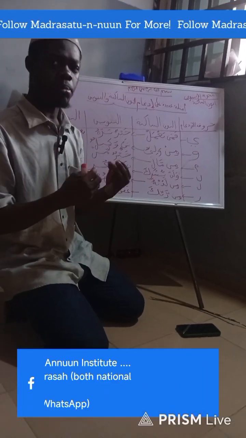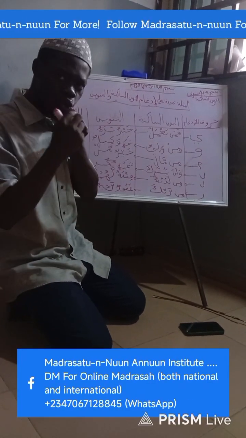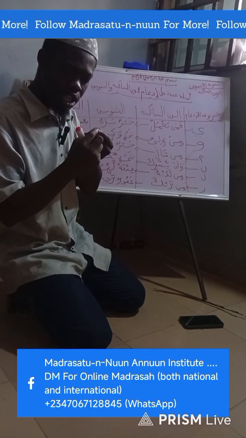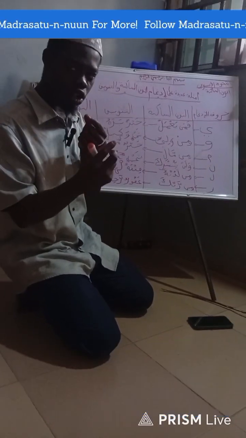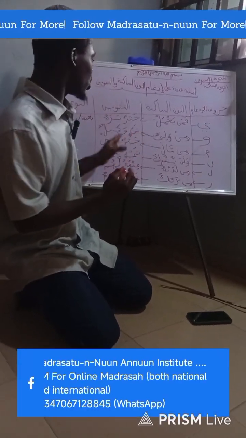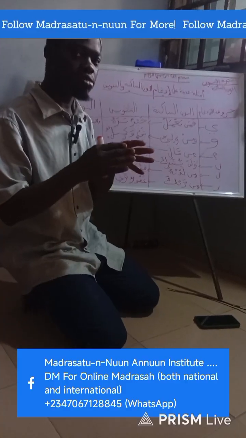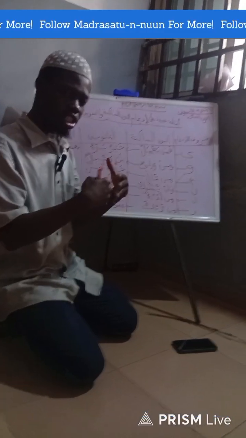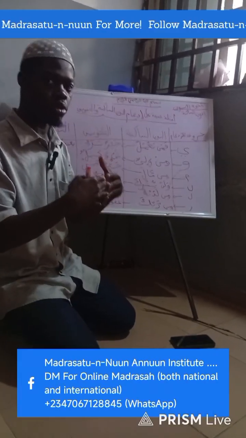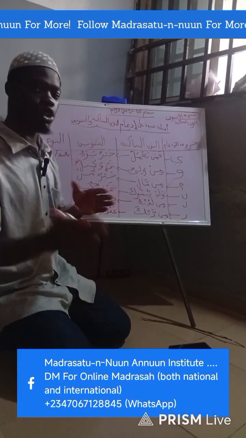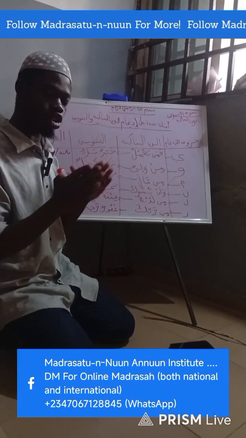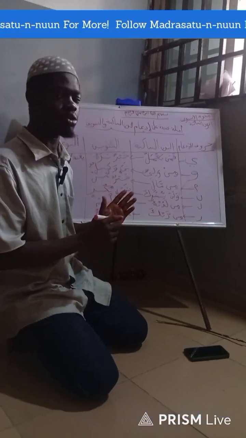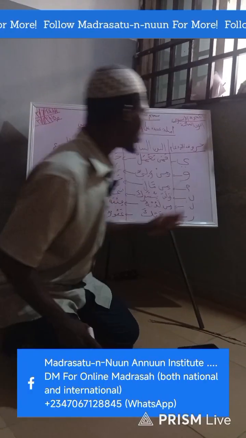It is there, but because of the way we stretch our voice, we elongate it, so it doesn't make it so perfect. The idgham is not that perfect. So that's why we call it bighunna, and it is also under what? Naqis.